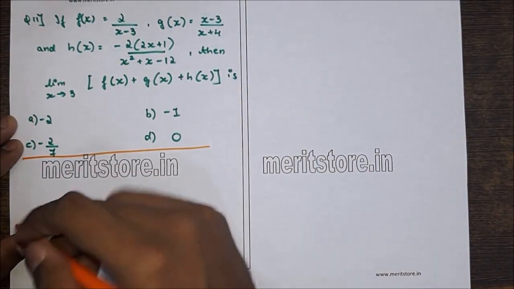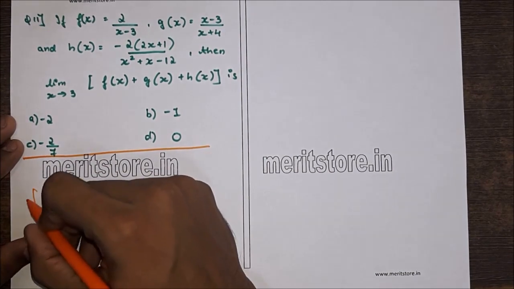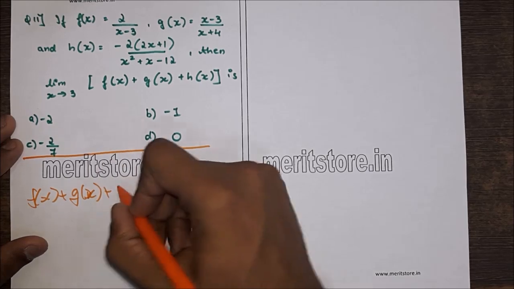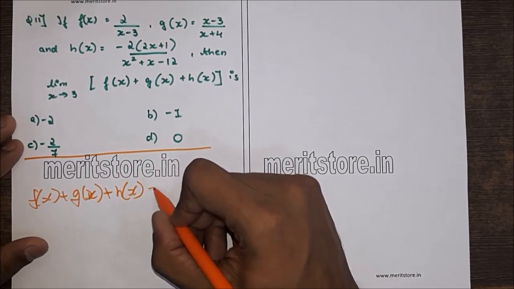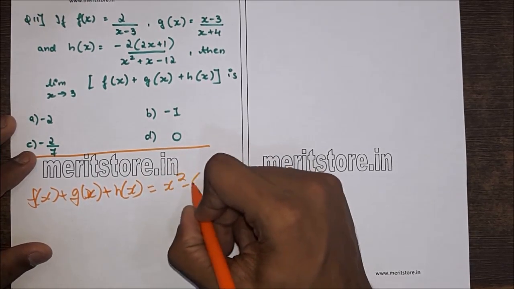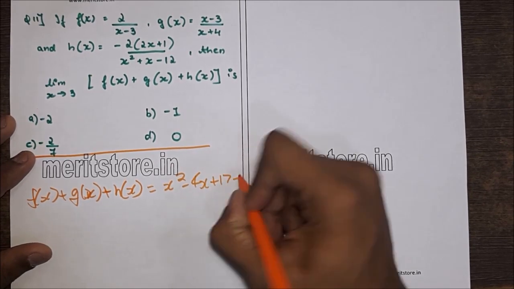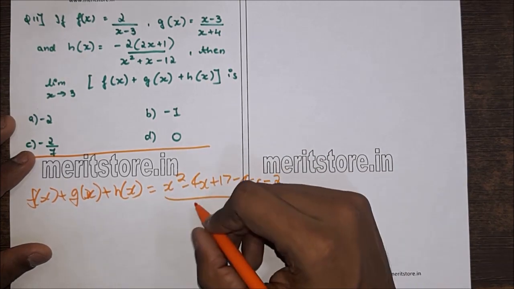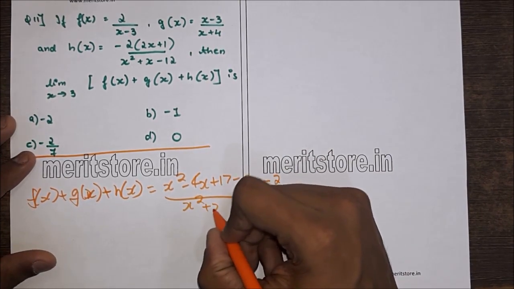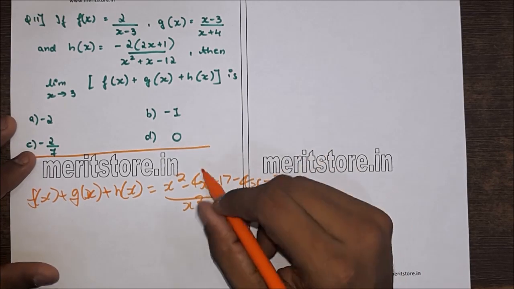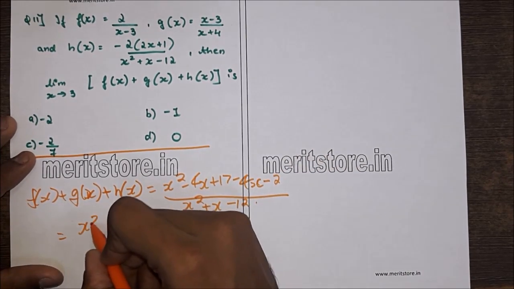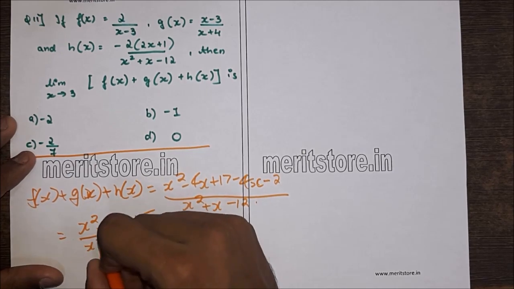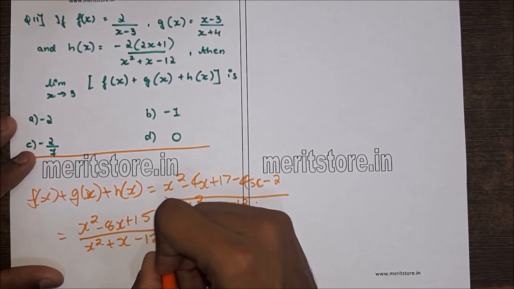Therefore, we could add all these three terms, giving us x square minus 4x plus 17 minus 4x minus 2 upon x square plus x minus 12. That is nothing but x square minus 8x plus 15 upon x square plus x minus 12.